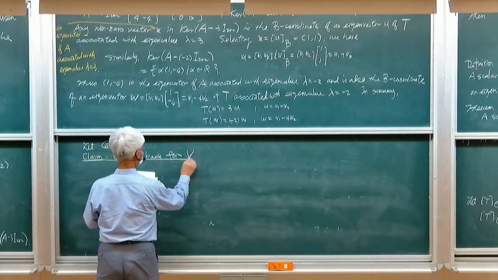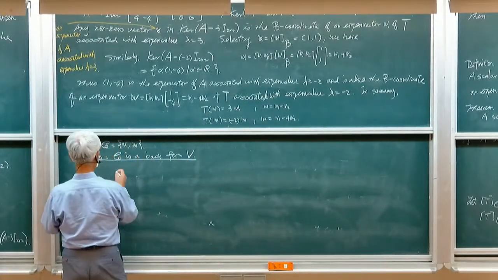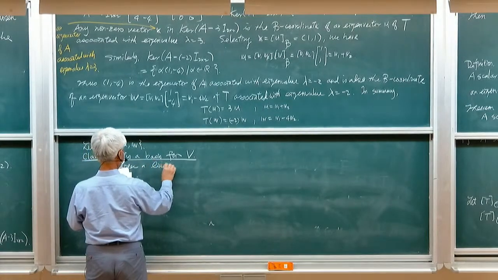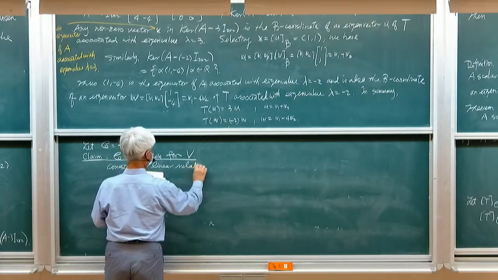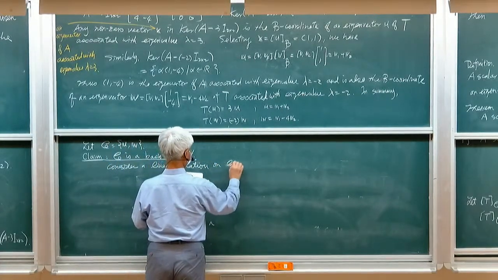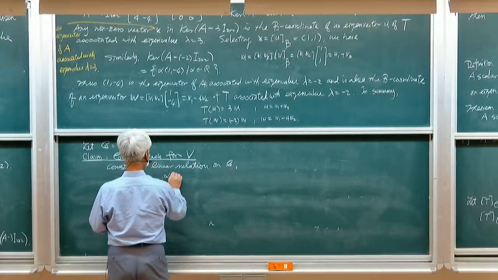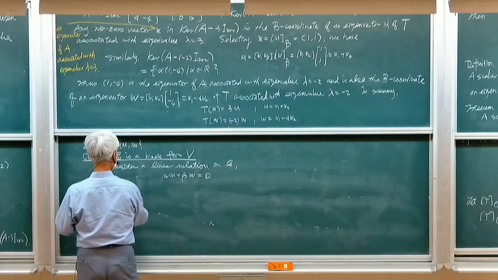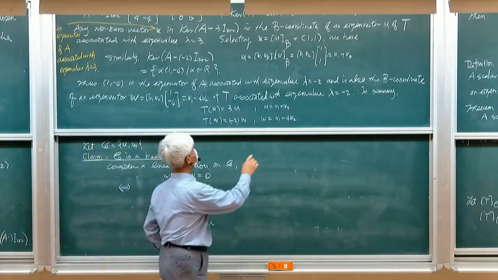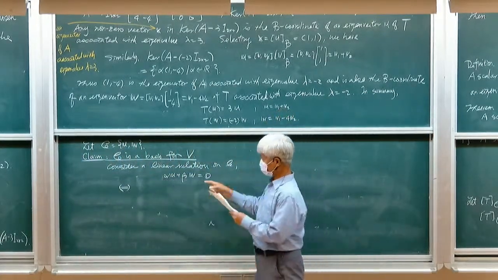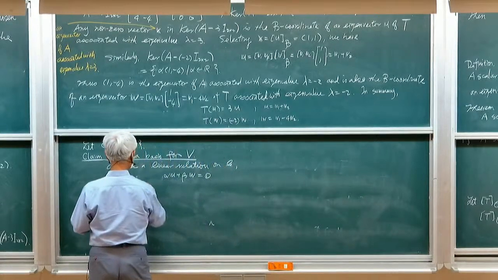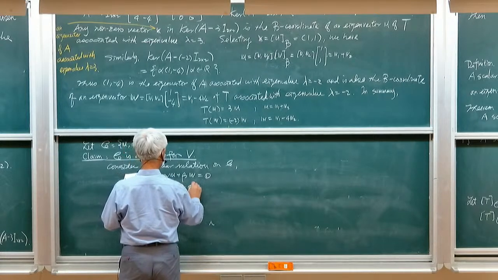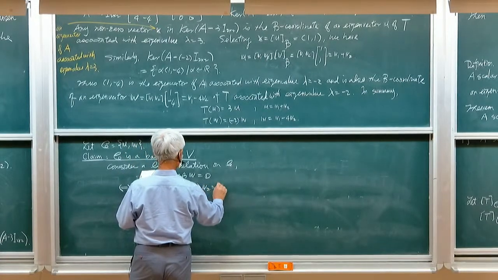So we claim that. Okay, so consider a linear relation on C. Okay, so alpha U plus beta W equal to 0. So then we plug this in. We find that we have (alpha plus beta) V1 plus (alpha minus 4 beta) V2 equal to 0.